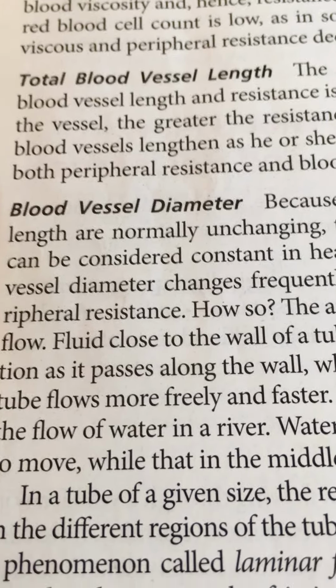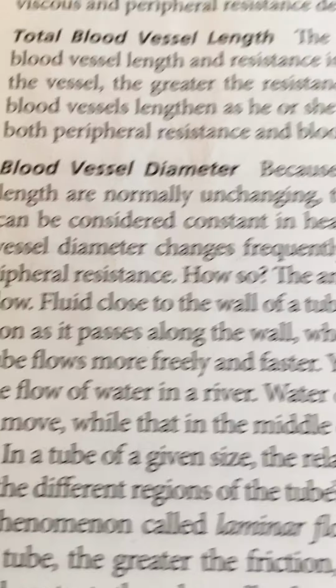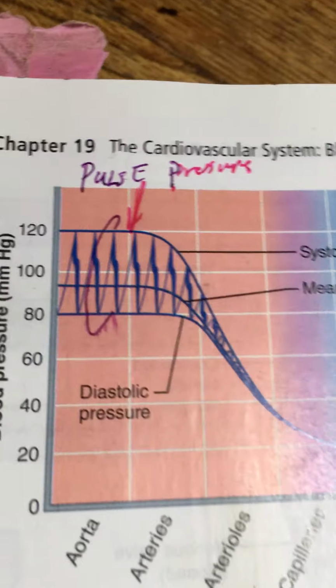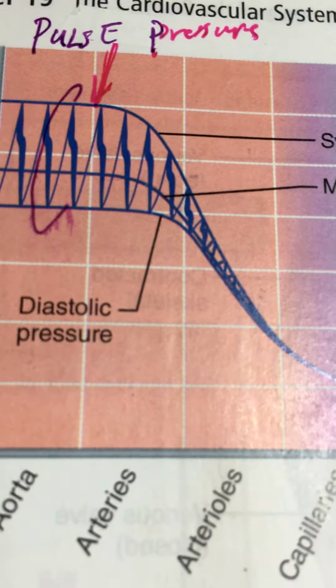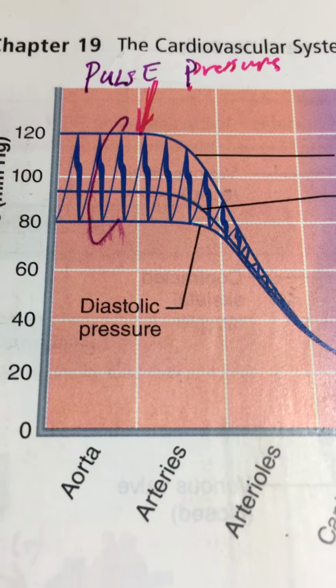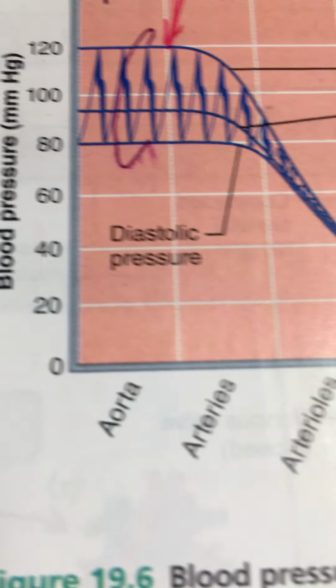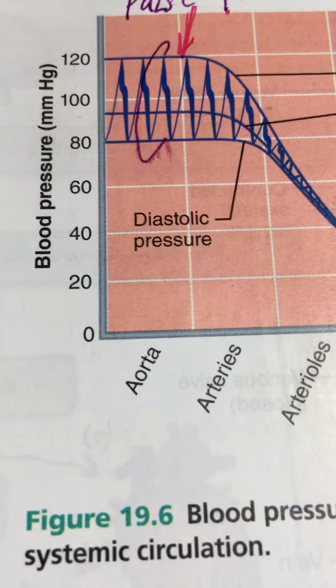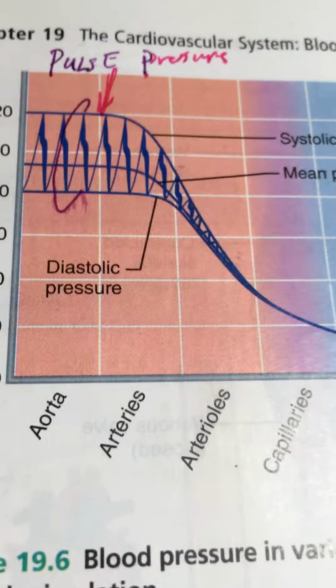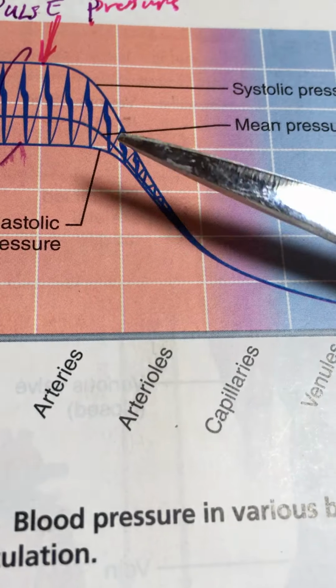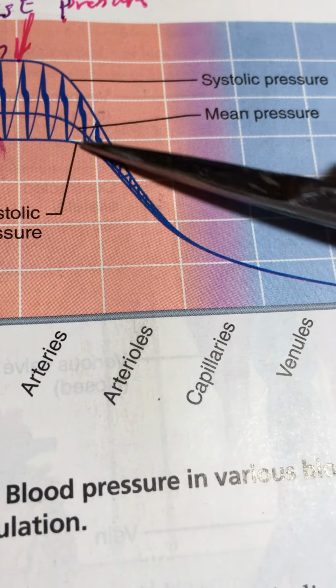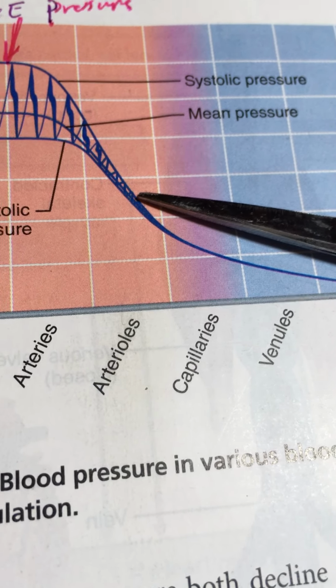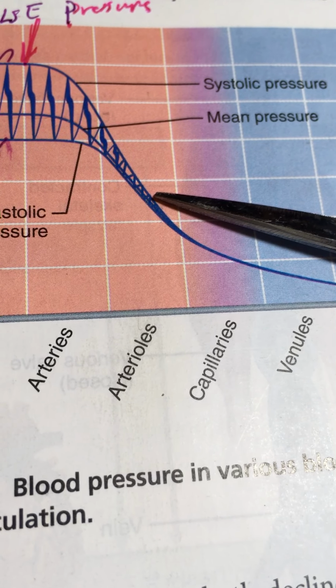Okay, so blood vessel diameter matters, and we can also see that in this diagram right here. Again, when we consider over here pressure, and at the bottom here we're considering different diameters of blood vessels, when we get to the arteriole, the pressure goes through an inflection point.